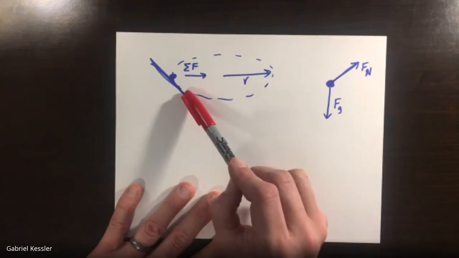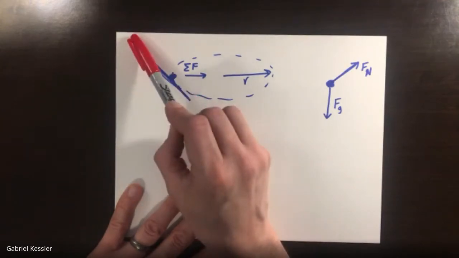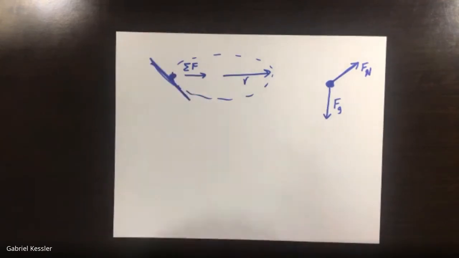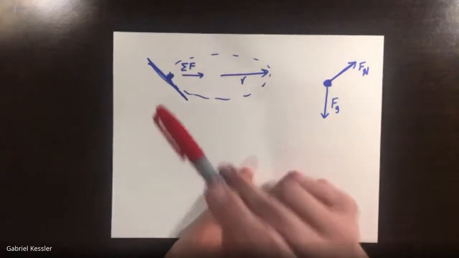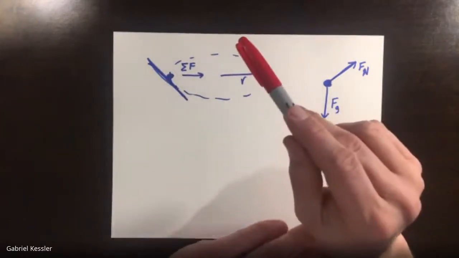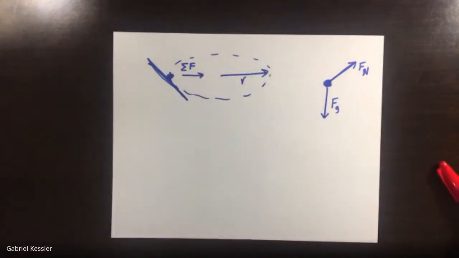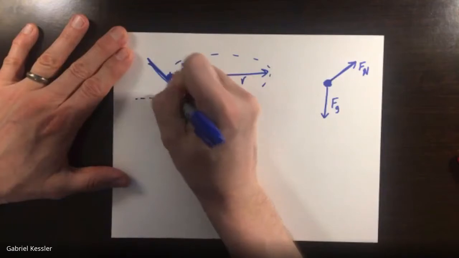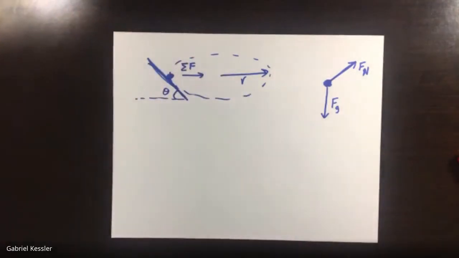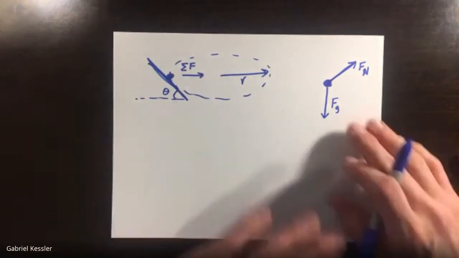Too fast, you would slide up and off without friction. So when it says the most comfortable ride, it's essentially asking for, well, at what angle do I not need friction at all? So what is the angle of this ramp so that friction is not needed?